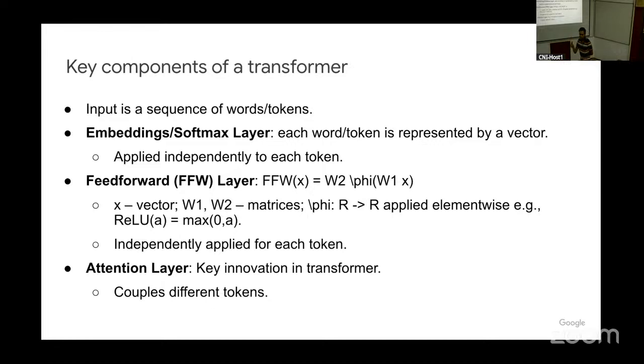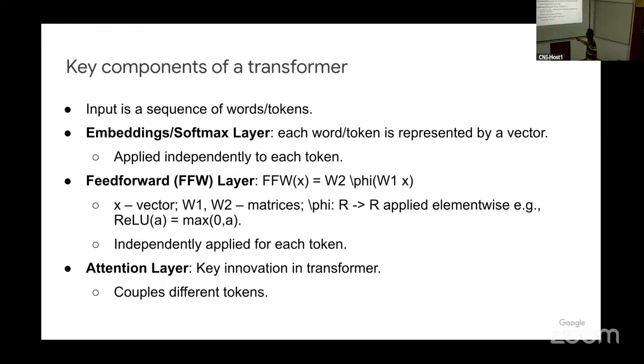We take a particular word ID and assign a continuous vector to it. That's called the embedding or embedding table. This is applied independently to each token. We just look at the word ID and the corresponding vector assigned to it. All of these parameters are learnable: the vector associated with a particular word is something the model learns during training. So that's the embedding layer.